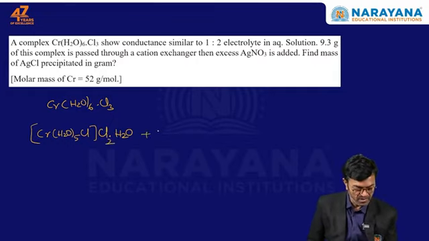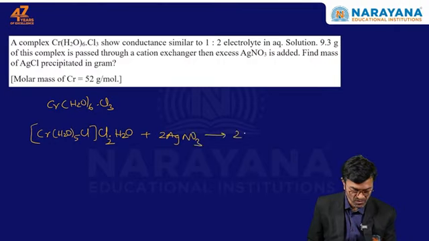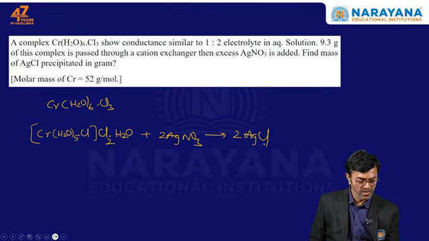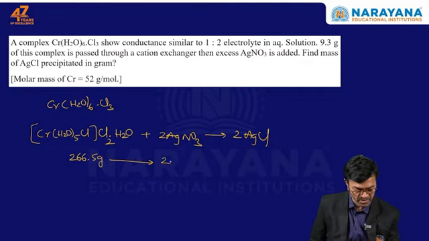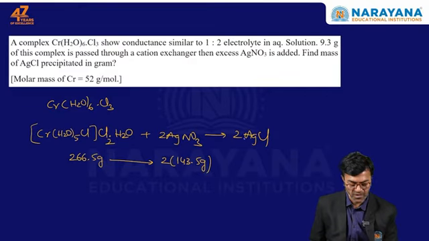So, when it is treated with AgNO3, it reacts with 2 moles of AgNO3 to give 2 moles of AgCl. As per the molecular formula, it comes out to be 266.5 grams, which precipitates 2 into 143.5 grams of AgCl. 143.5 is the molar mass of AgCl.